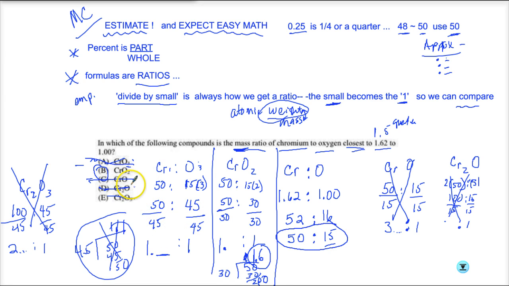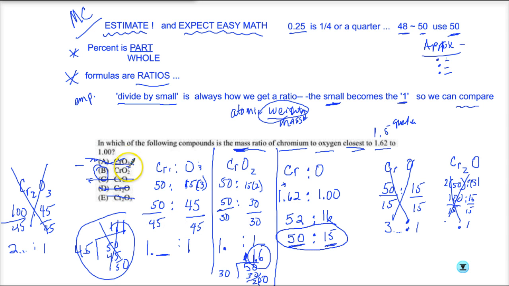But in your head, you could have said, I need more than 1.5 but less than 2 times the mass of chromium as I have oxygen. Or half again as much is another way to think about it. A little more than half again as much. That's a much better way to say it than what I did say.